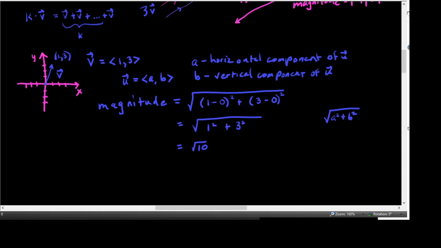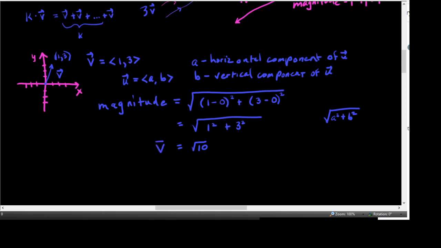Now the symbol for the magnitude of a vector looks like absolute value. It's not absolute value, but it sure reminds me of it. You write the name of the vector and put these vertical bars around it, and that means magnitude of vector u. Actually, that was vector v just now. So let me fix that, because that was vector v.